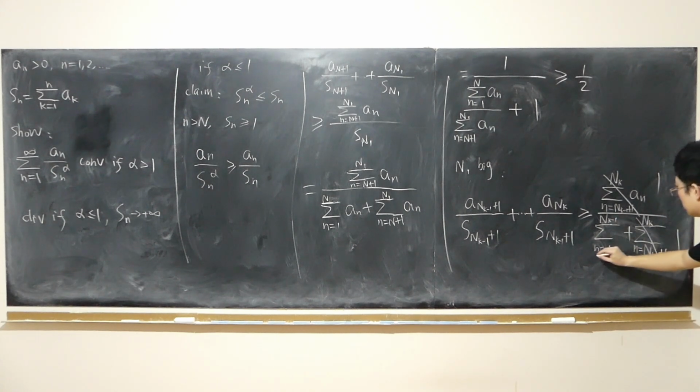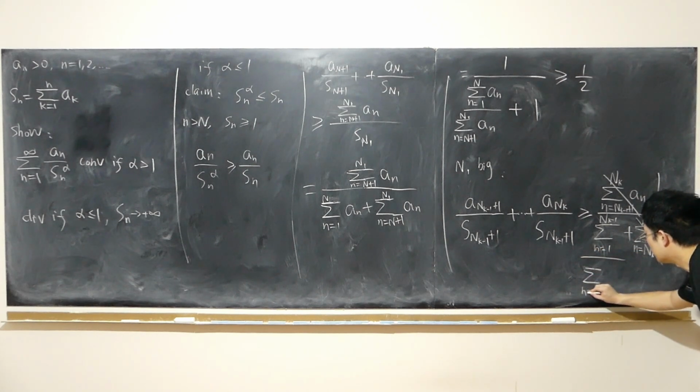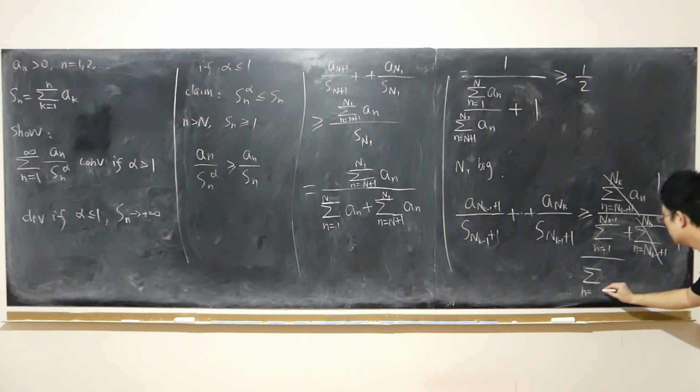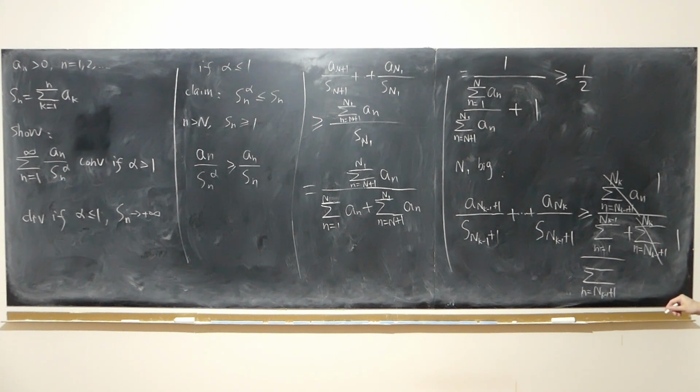So this will be divided by the partial sum, n goes from capital N sub k minus 1 plus 1 all the way up to capital N sub k, right? So it's 1 on the top and plus 1 here, right? So all I need to have a look at is this one.